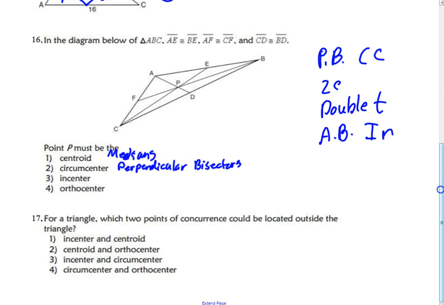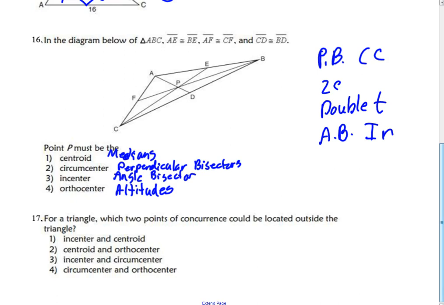The in-center, AB, keep your ABs in, angle bisectors. Orthocenter, altitudes, two T's. Orthocenter, it's the intersection of the altitudes.